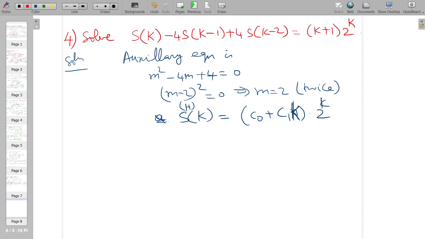So here the index is important, you have to write it suitably. So the homogeneous form of solution would be (c_0 plus c_1 k) into 2^k.